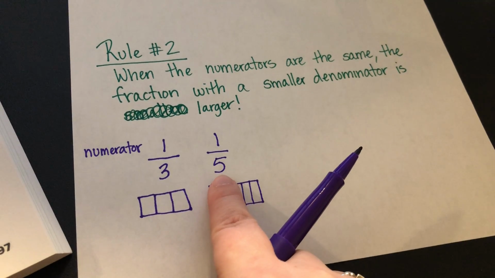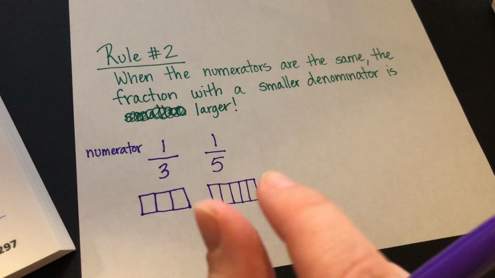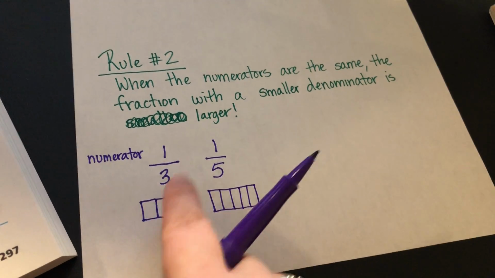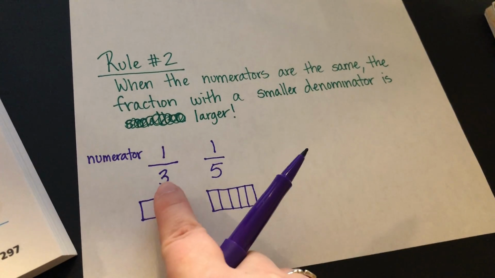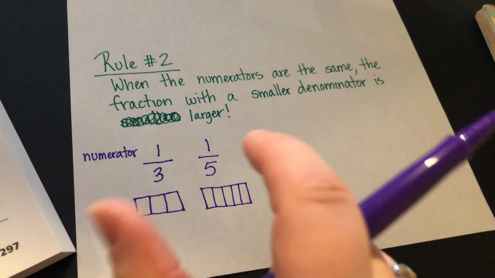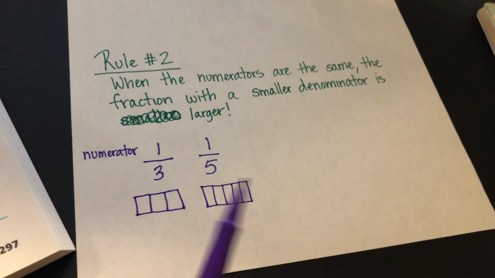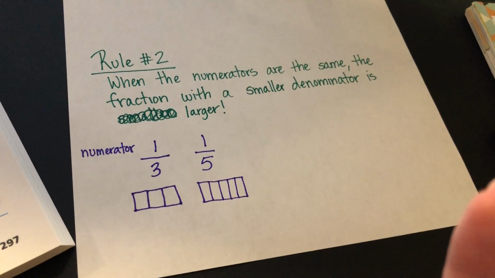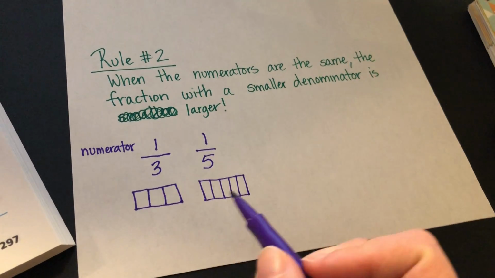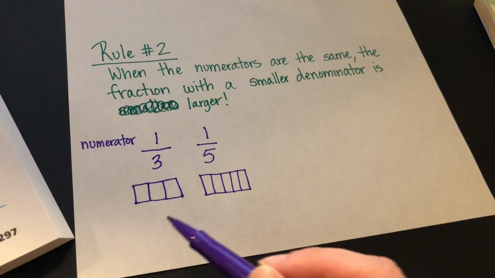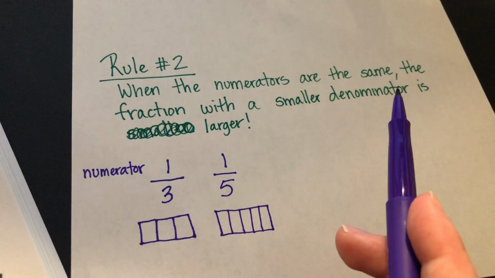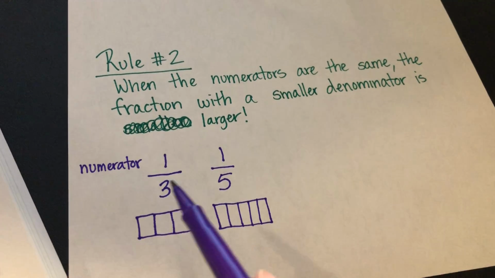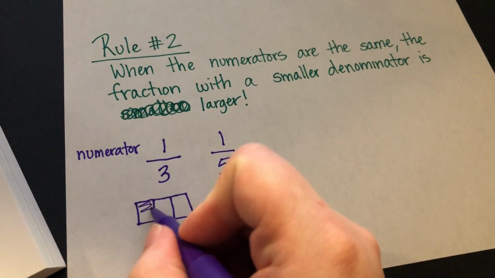So you can think of it as the bigger the denominator, the smaller the piece. Or as in this rule, the smaller the denominator, the bigger the piece. It's not getting broken up into as many pieces, so the pieces are bigger. So again, when the numerators are the same, the fraction with the smaller denominator is larger.